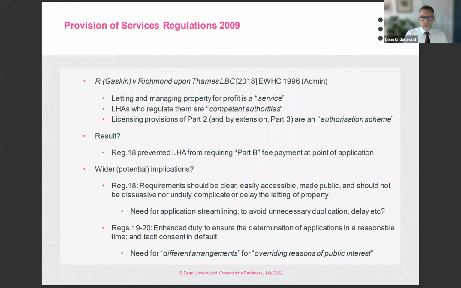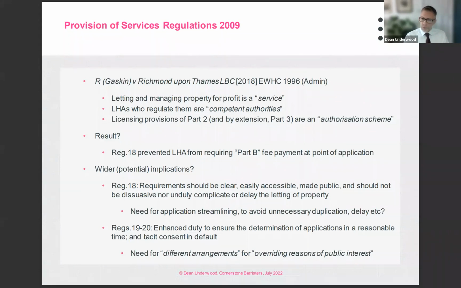So the result was that provisions such as those enacted by Regulation 18 of the 2009 regulations applied to Parts 2 and 3 of the 2004 Act. And materially, Regulation 18 Subreg 4 in particular prevented the local housing authority, in that case, of course, Richmond, from requiring the payment of a so-called Part B fee at the point of application.